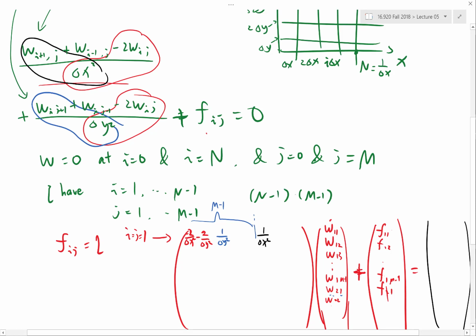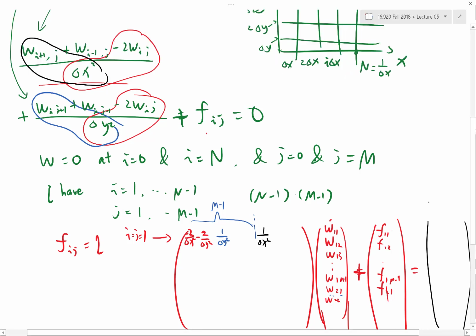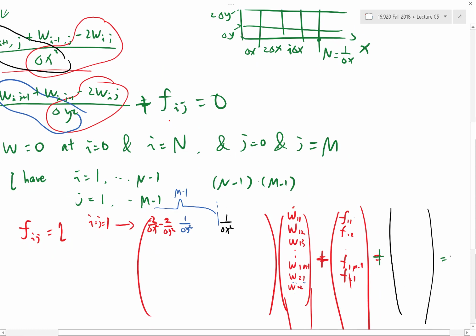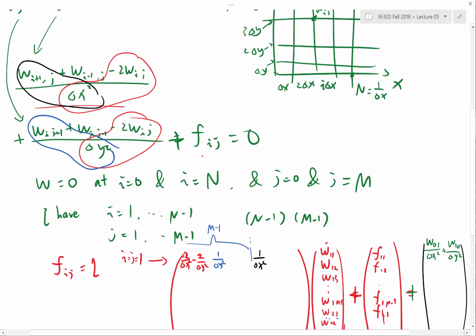Let's use green, and let's also make it plus something equal to 0. So all the numbers I didn't circle include W01 divided by delta x squared plus W10 divided by delta y squared. These appear here and here, where I did not circle them. So now I complete the first equation.